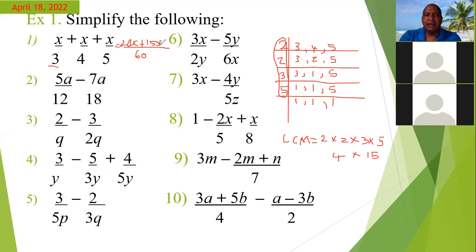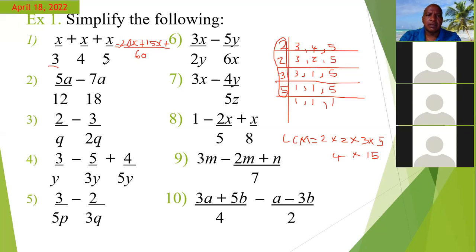And then what do you do to the 5 to get 60? Times it by how much? 12, sir. All right, so you should have 12 times x here.